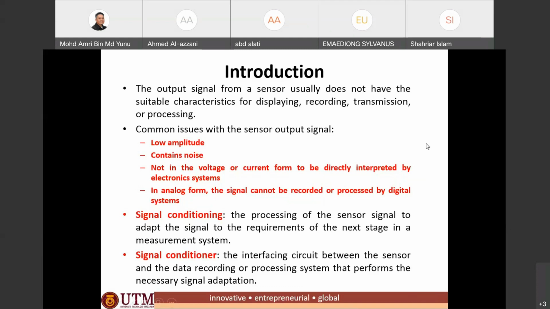There are several issues related to the sensor output, for example low amplitude. This is true for thermocouples, where the output is in millivolts. And sometimes, even if the output is high, the signal may be enveloped with noise, noise coming from the environment.